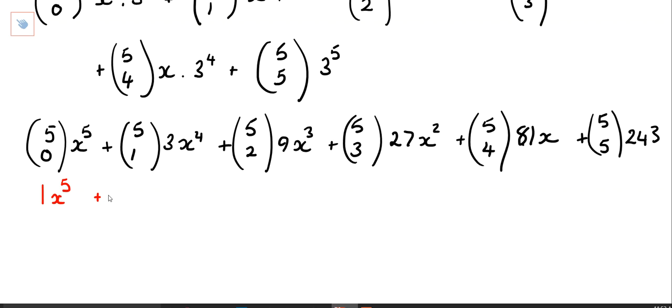Plus, well, the coefficient is currently 5C1, but what is 5C1 again? Remember, the second number is basically the expansion, so it's 5. But we're going to have 5 times the 3, so our coefficient is actually 15x to the power of 4.